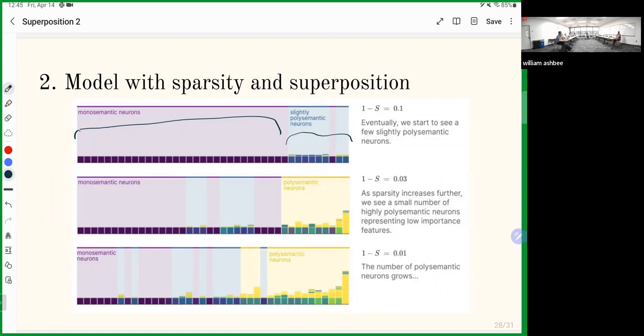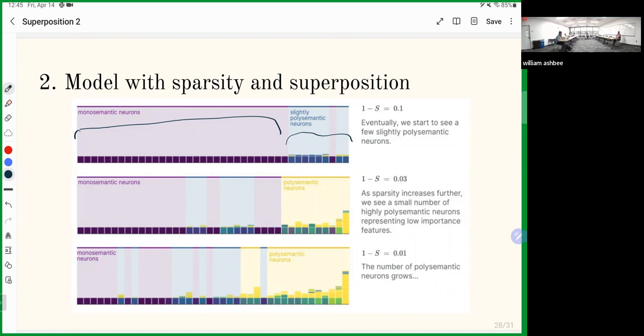With the increase in sparsity, the policy of just taking the most important features starts to give higher loss than when the model tries utilizing superposition.